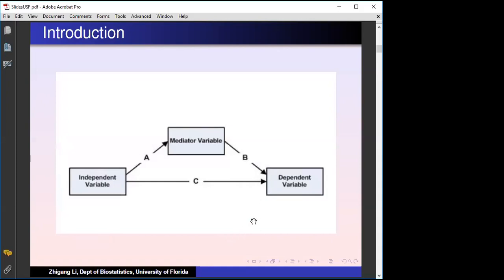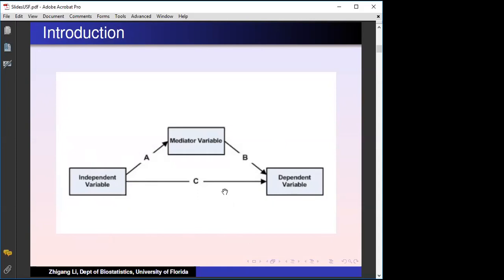So all these 4 assumptions are regarding unmeasured confounding. If you think of this from an epidemiologic perspective, you have these 3 causal pathways from independent variable to mediator, mediator to dependent outcome, and independent to dependent outcome, right?